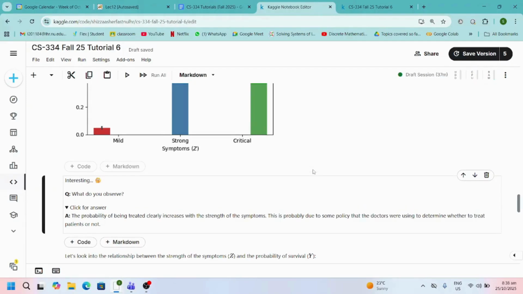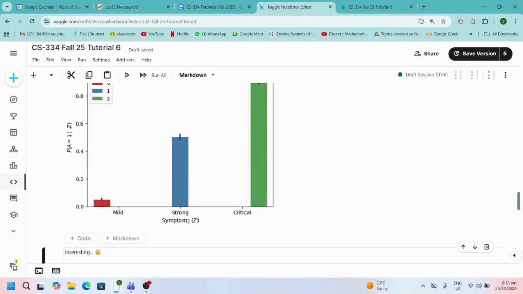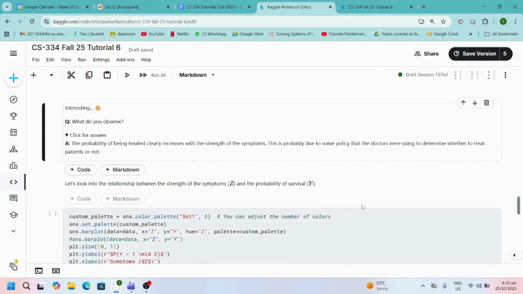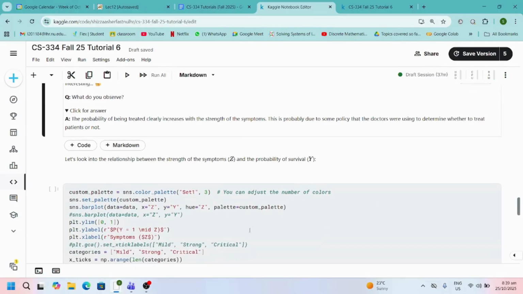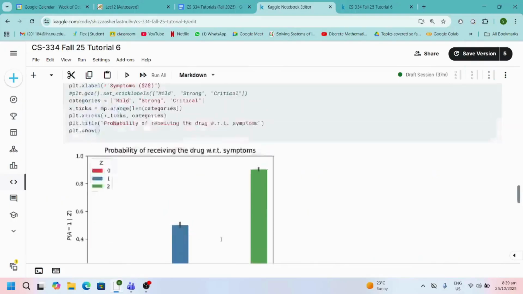That's probably because of some policy that the government had introduced, कि अगर आपके symptoms एक certain amount से ज़्यादा strong हैं, तो they will want to treat the patient for it. So let's look into the relationship between the strength of these symptoms and the probability of survival now.